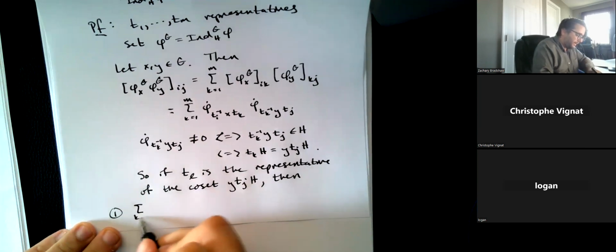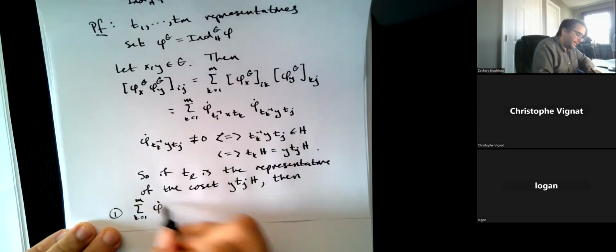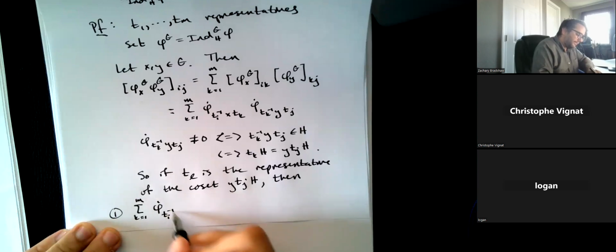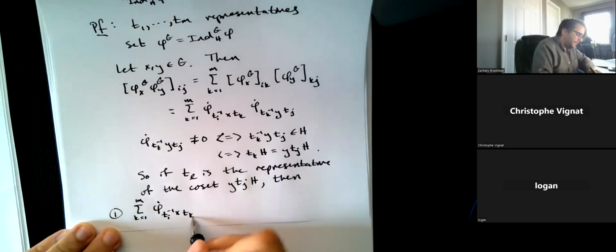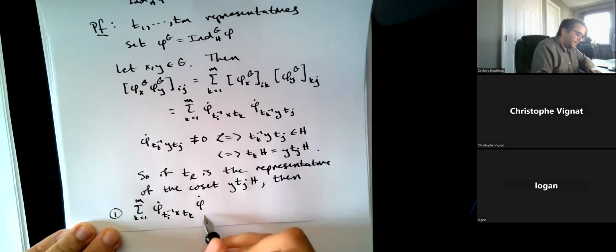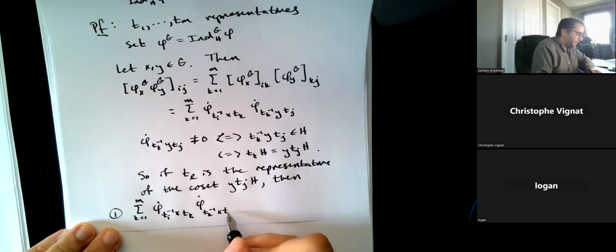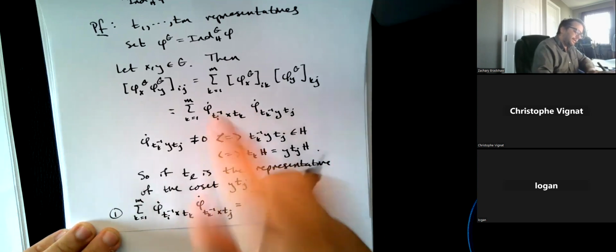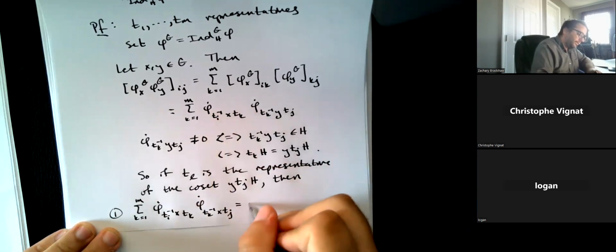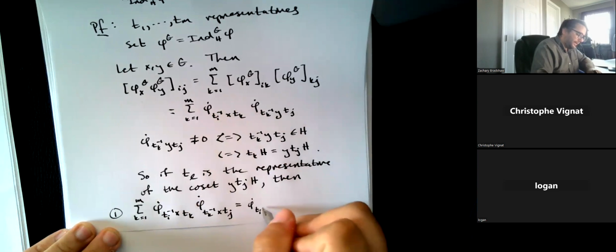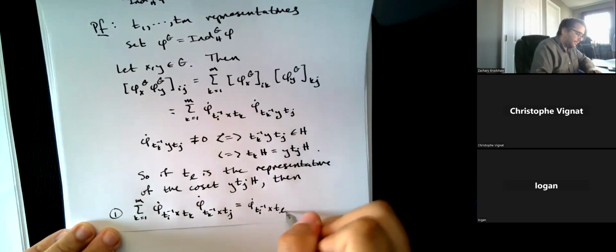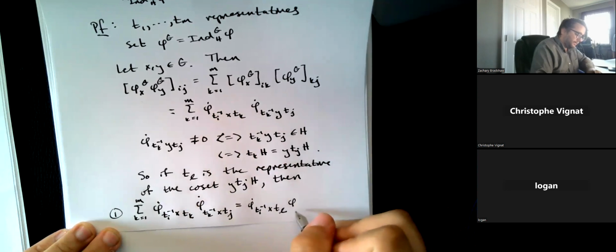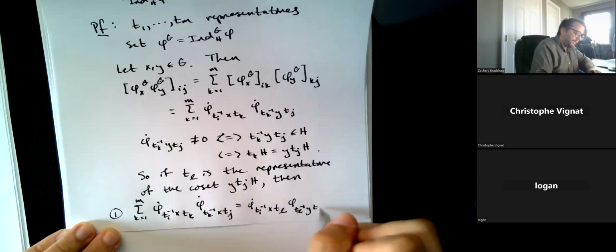Then the sum from k equals 1 to m of phi dot (t_i inverse x t_k) phi dot (t_k inverse y t_j) is equal to phi dot (t_i inverse x t_l) phi (t_l inverse y t_j).